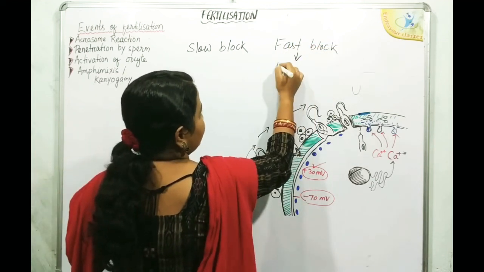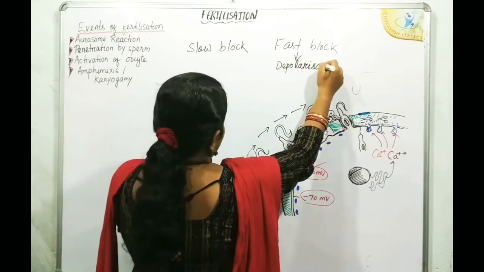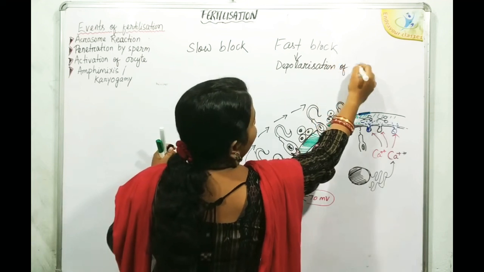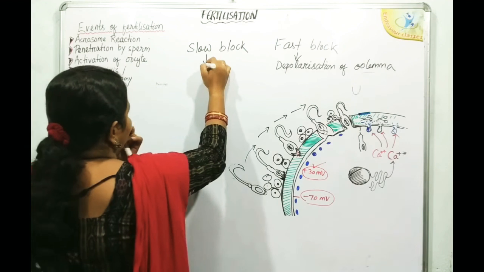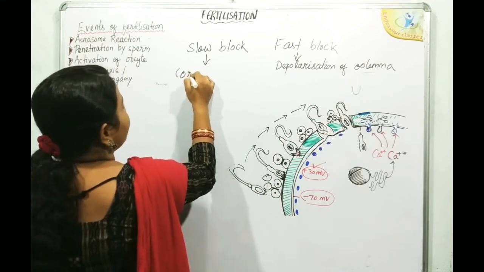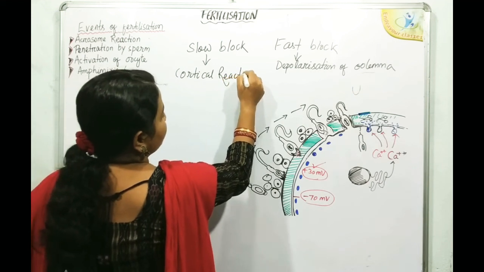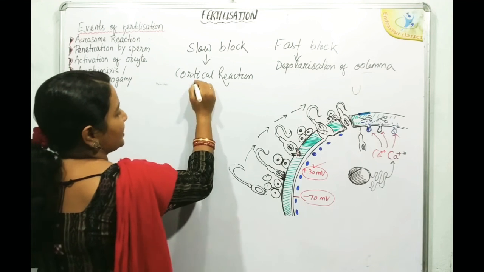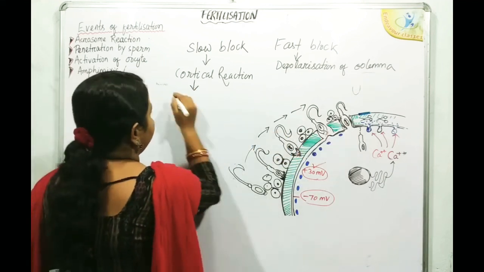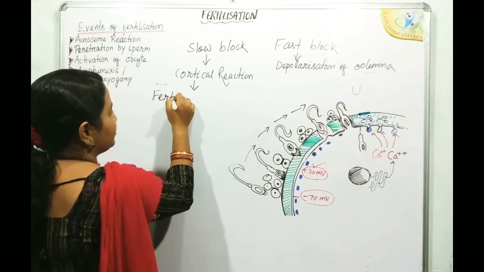Under fast block there is depolarization of the oolemma. Slow block, there is the cortical reaction which occurs over the cortical granules, during which there is fertilization membrane formation.